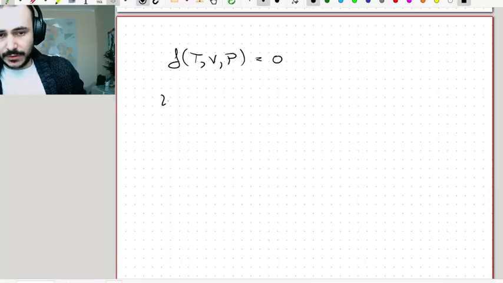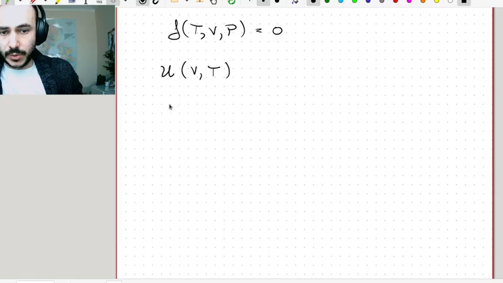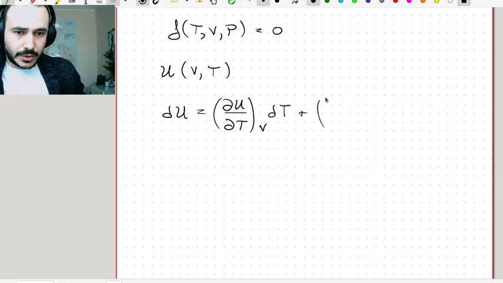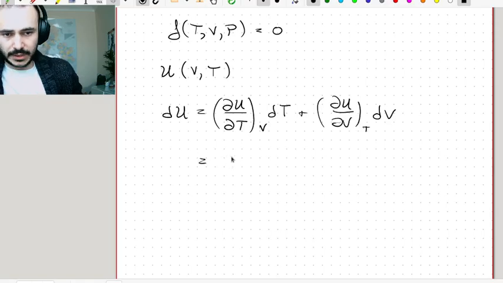For instance, if you want to express energy as a function of volume and temperature, which you can do, and this is what is solved in the lecture notes, what you have to do is to express the differential of the potential that you want, in this case energy, as a function of the variables that you have chosen to be independent, in this case temperature and volume, and reduce any derivatives that appear. Okay, so in this case, this derivative we have seen already.